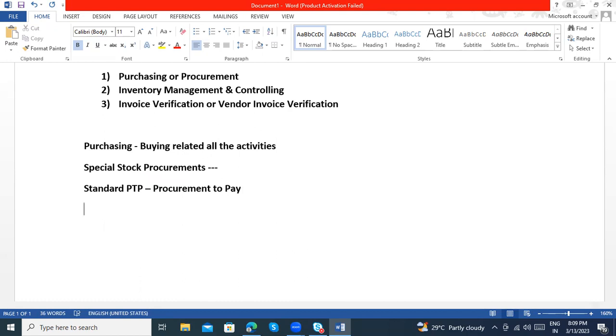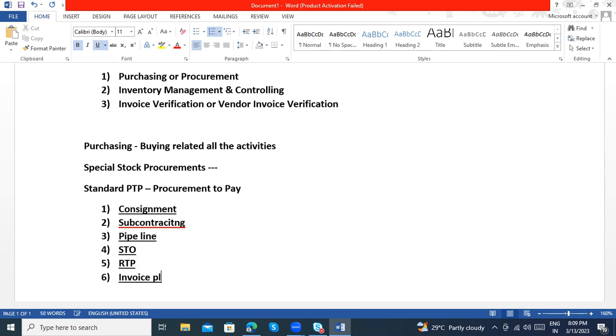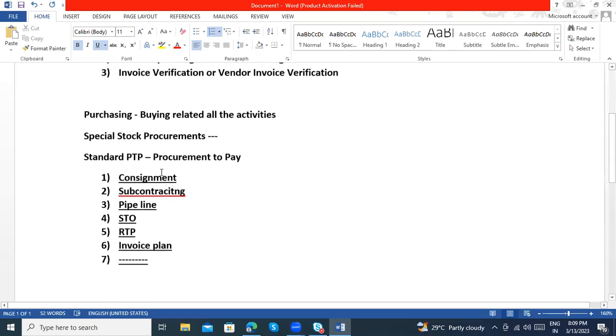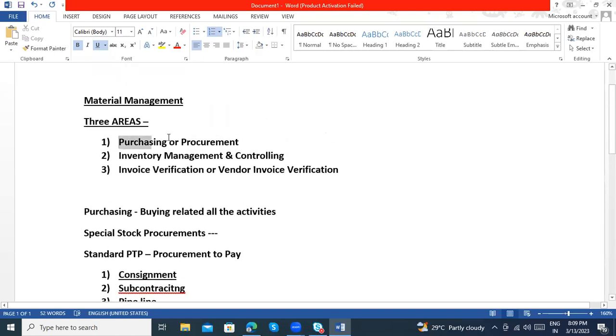But other than this, as we discussed earlier, we also have special procurement scenarios like the consignment process, subcontracting process, pipeline process, stock transport order process, RTP returnable transport packaging process, and invoice plan. So there are different kinds of processes, and we will discuss all these in procurement. It is a concept of purchasing and procurement.